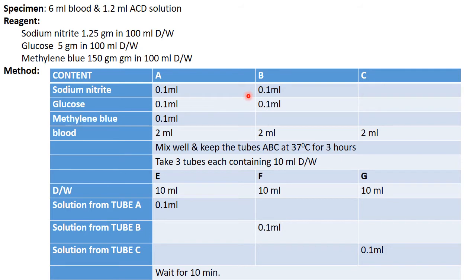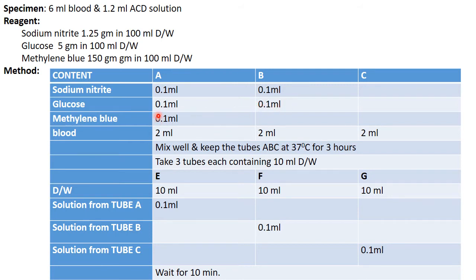Coming on to the method, how do you proceed with the test? Label 3 test tubes as A, B and C, and take the contents accordingly.